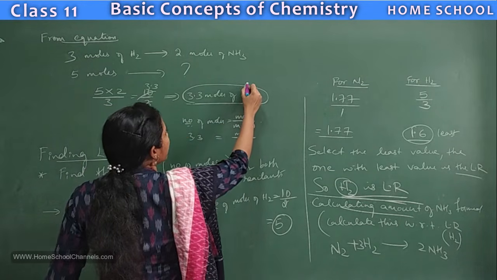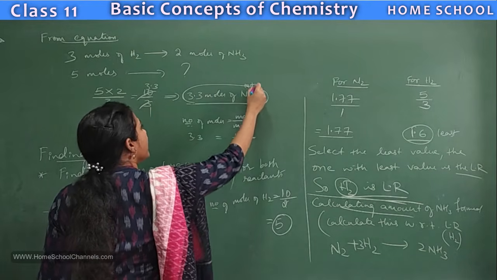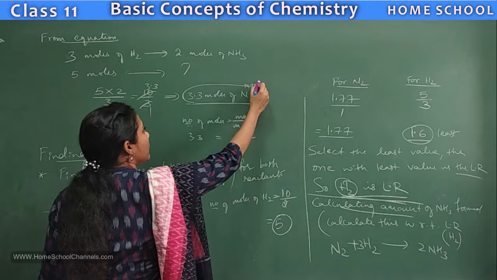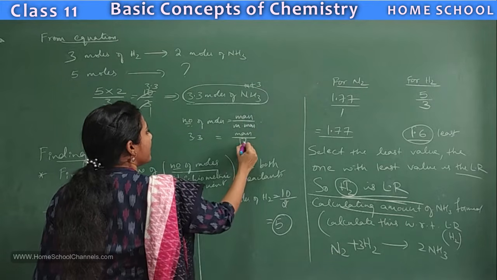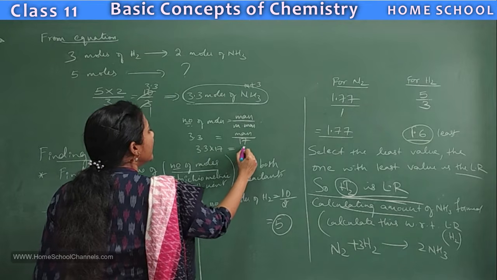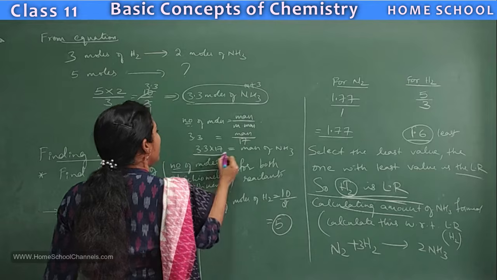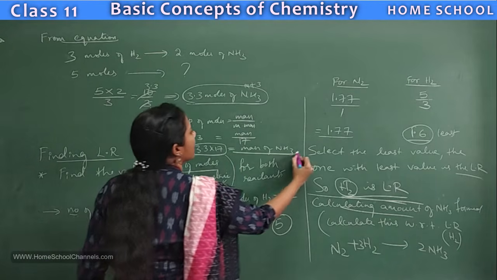How much is it? Atomic mass of nitrogen is 14, and the atomic mass of hydrogen is 1. 1 into 3, 3. 14 plus 3, 17. So if you do 3.3 into 17, you will get your answer in mass. So this much will be the mass of ammonia.